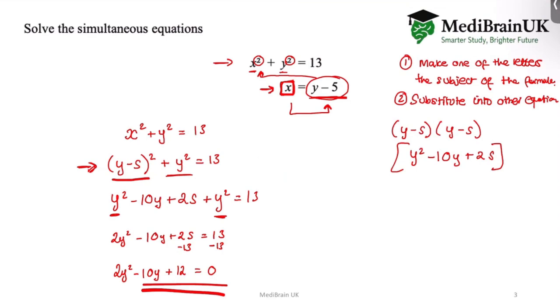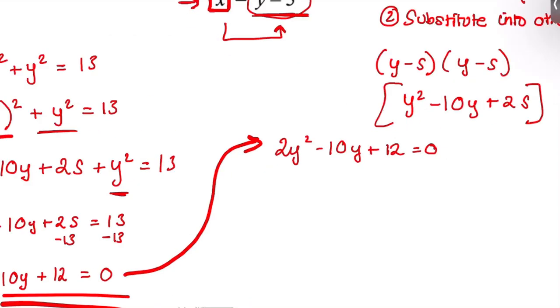Now, would this come up on a calculator or non-calculator paper? It is more likely that this topic would come up on a calculator paper, because sometimes you need to use a calculator to factorize. Okay, so we've got 2y squared minus 10y plus 12 equals 0.